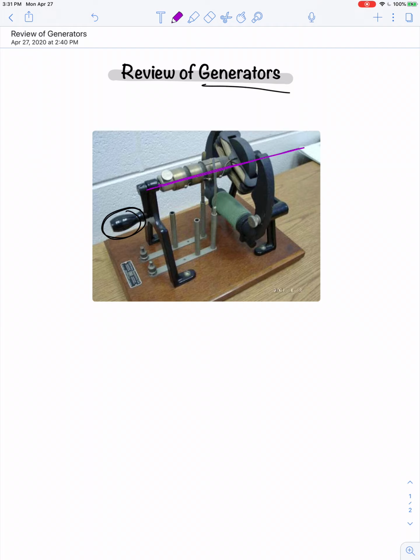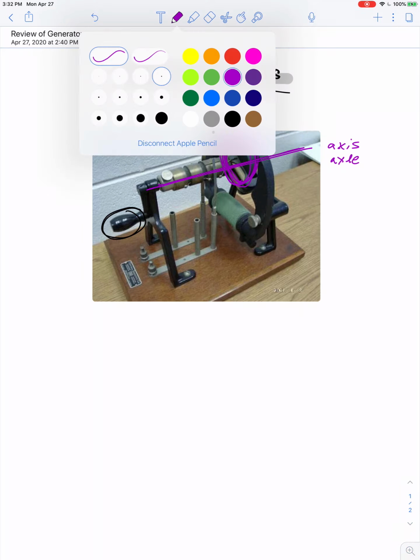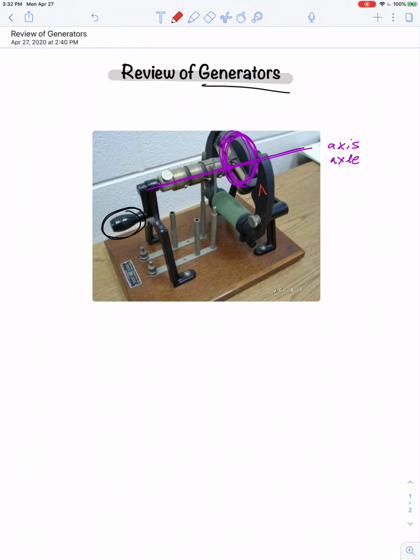This purple line represents an axis of rotation, or an axle, about which a loop of wire, we could call it an armature, is mounted and spins. Now, this might be the north pole of a magnet, and over here the south pole, so there's external magnets.